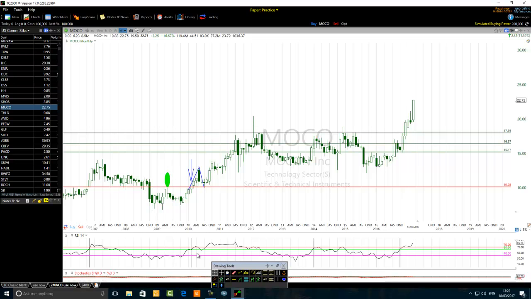So if you are scanning or screening for stocks, you can use the criteria RSI closes above 60 to find bullish trading setups, or you may use RSI closes below 40 to find bearish financial instruments. So let's look at another one here.